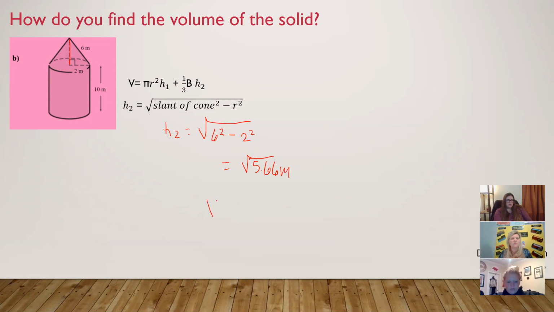Then to find the volume, you plug into this equation: pi times 2 squared times 10, plus 1/3 times the base times height 2. After all that, you get 149 meters squared. And that's it.